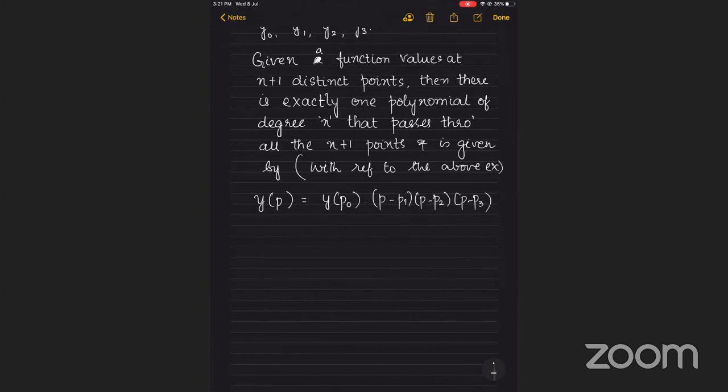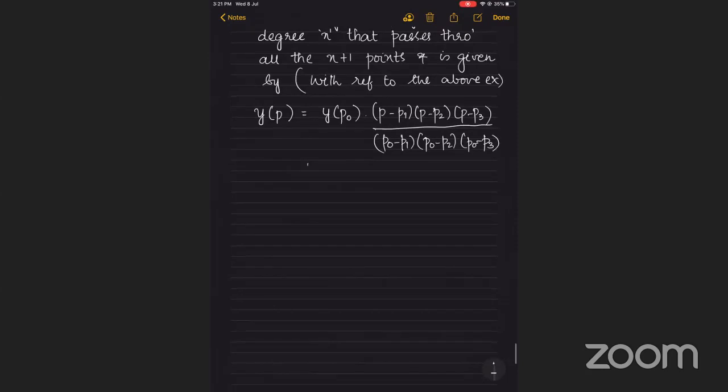Okay, that's what we're trying to do. Divided by p0 minus p1 into p0 minus p2 into p0 minus p3, plus y of p1.